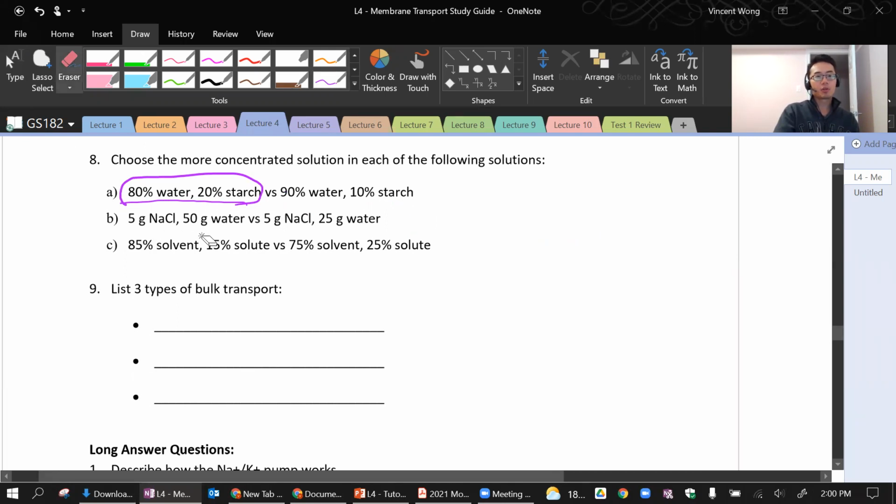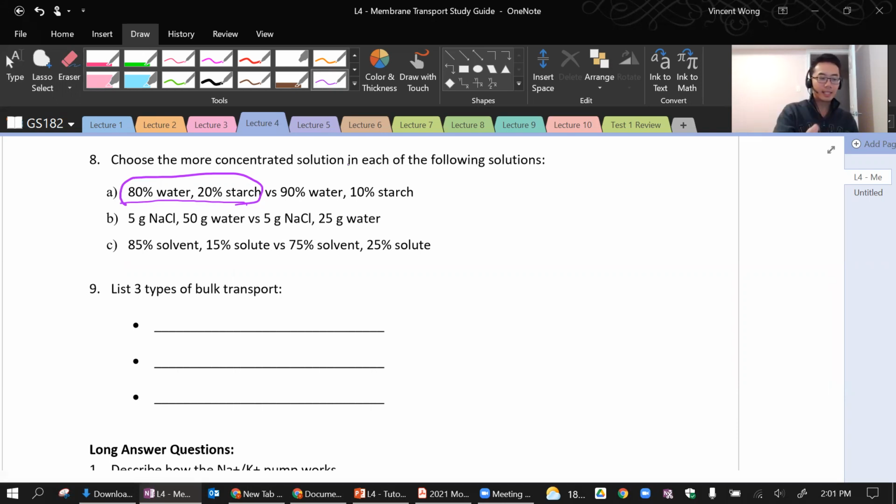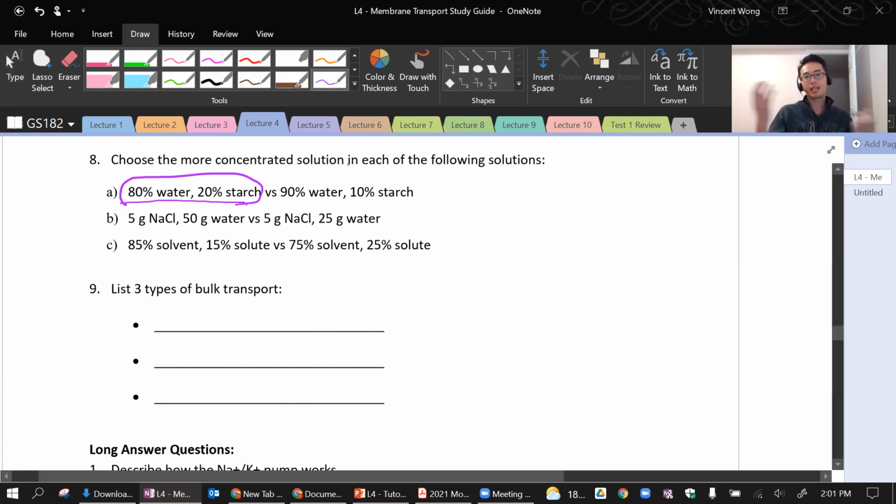Next, 5 grams of sodium chloride in 50 grams of water versus 5 grams of sodium chloride in 25 grams of water. This is kind of like your regular grocery dilemma, right? Do you buy the 12 rolls of toilet paper for $7.99, or do you buy the 6 rolls for $3.99?